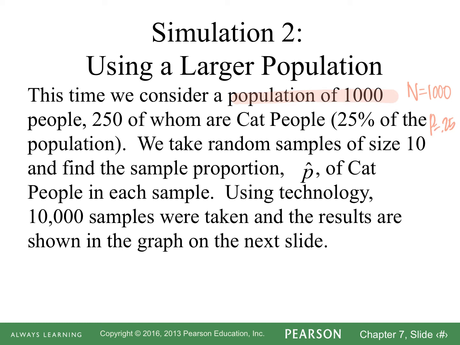We're going to take random samples of size 10 now, and find the sample proportion, p hat, of cat people in each sample. Using technology, 10,000 samples were taken, and the results are shown in the graph on the next slide. Before, remember, we only did 3 samples of size 4, but now we're running this simulation 10,000 times.